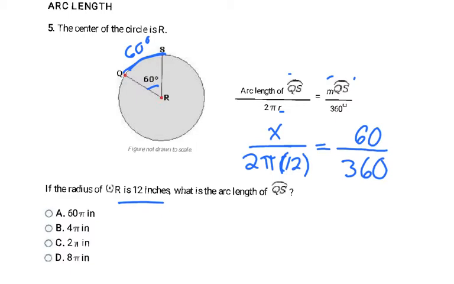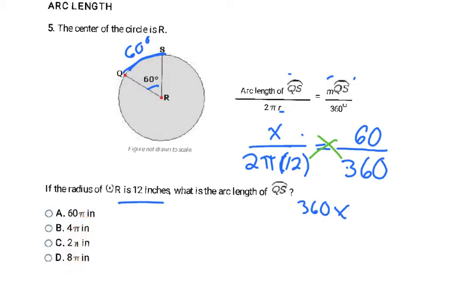And so now I'm just going to cross multiply. So I have 360 times x is 360x, and then I have 2 times pi times 12 times 60. Those are all numbers, so I can just do that multiplication. Now, I looked ahead and saw that I have pi in my answer.